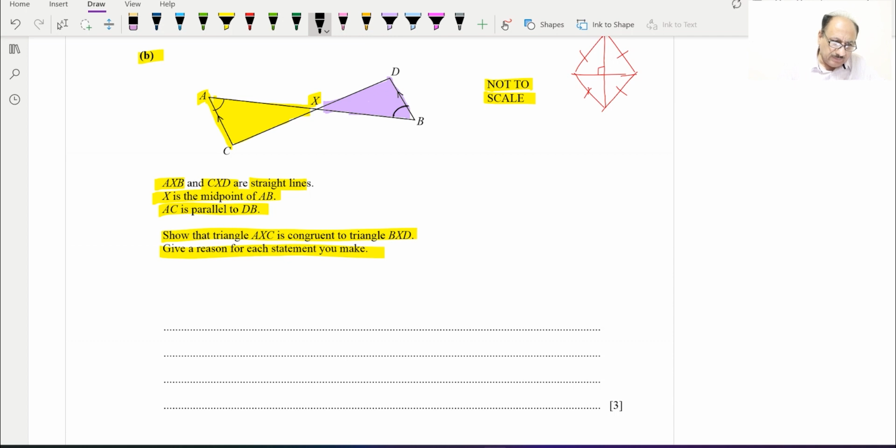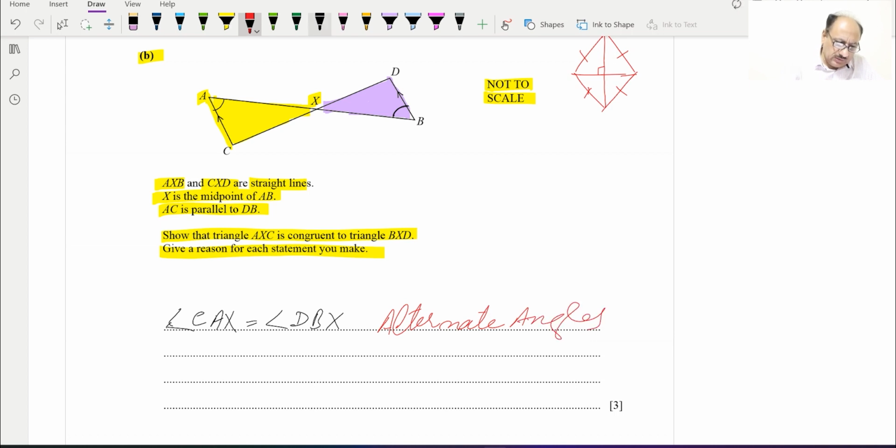These are alternate angles, so we can write angle CAX is equal to angle DBX, and the reason will be alternate angles. We can write this.